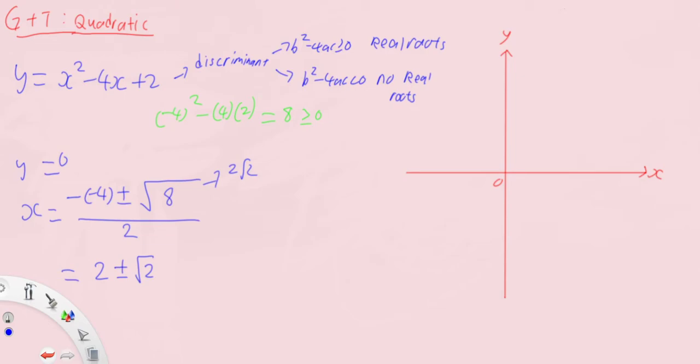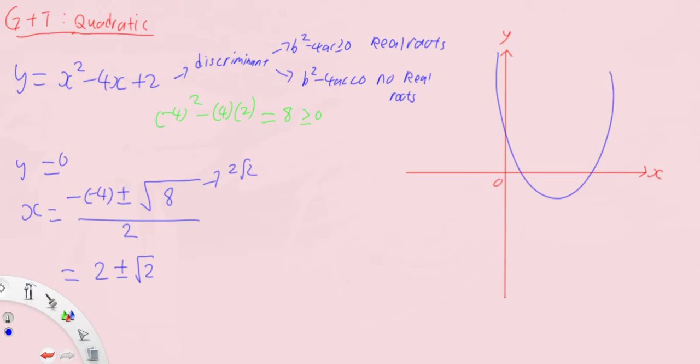So the value of root 2 is basically 1.4 something, if I'm not mistaken, and it's going to be positive. So we know that both roots are going to lie on the positive x-axis side. Therefore, we're going to draw this graph. Okay, that's a terribly drawn one. Let me try that again.